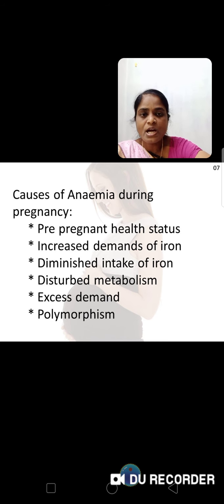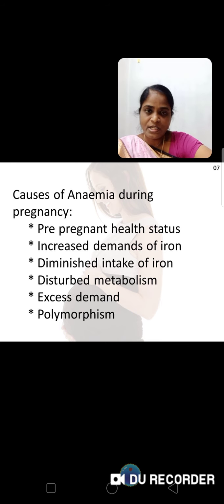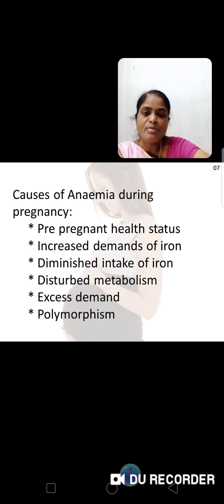As I already told, there is multiple pregnancy, that is frequent yearly pregnancy, prolonged lactation, and then becoming pregnant again and again. So these are all reasons for the increasing demand of iron, and this is one of the reasons for anemia in pregnancy.